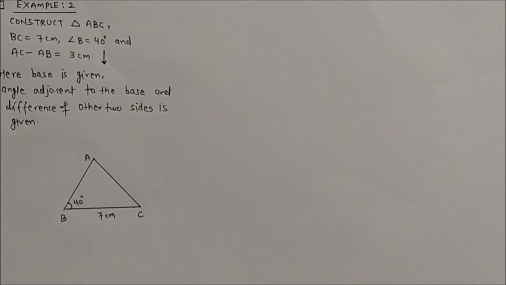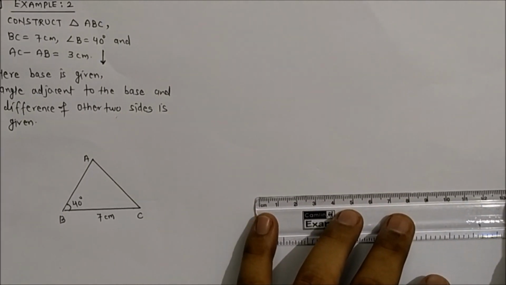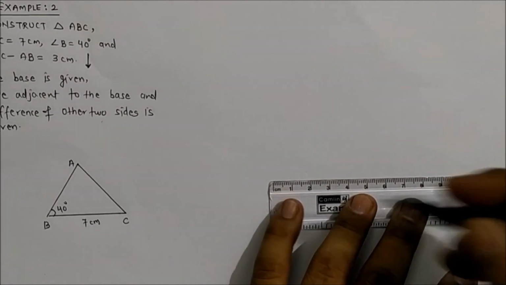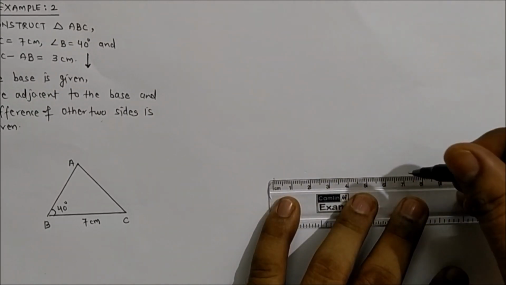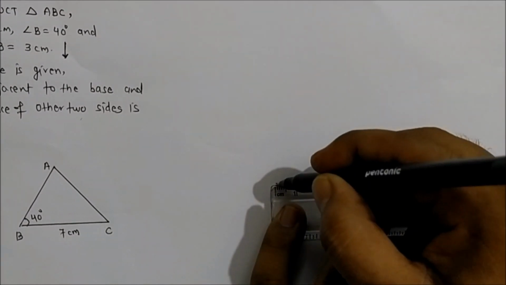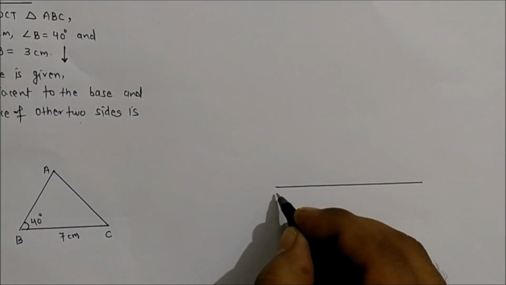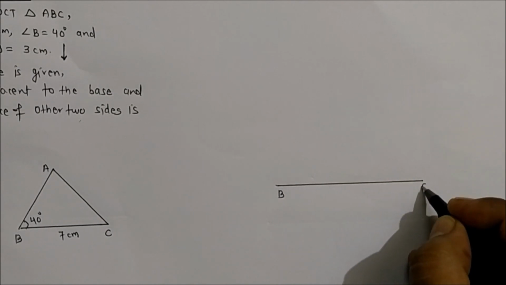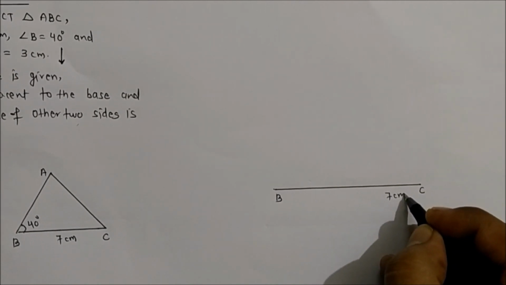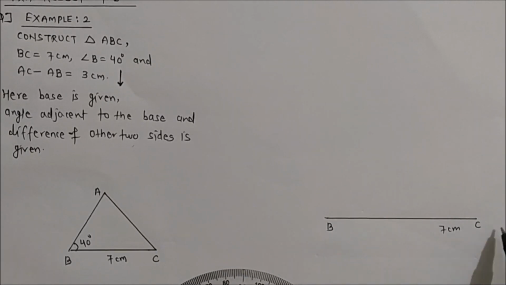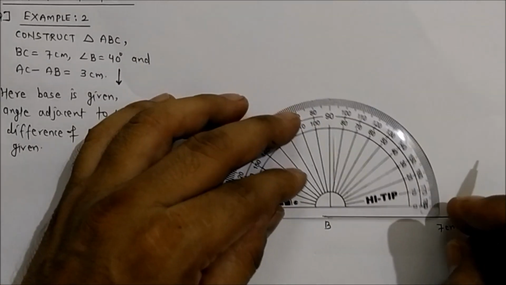Let's start with the actual construction. First we draw the base 7 cm. Okay, this is the base 7 cm. After drawing the base BC 7 cm, now we'll draw an angle here, 40 degrees.